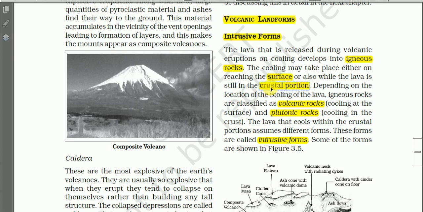Depending on the location of the cooling of lava, igneous rocks are classified as volcanic rocks, that is cooling at the surface, and plutonic rocks, that is cooling in the crust.